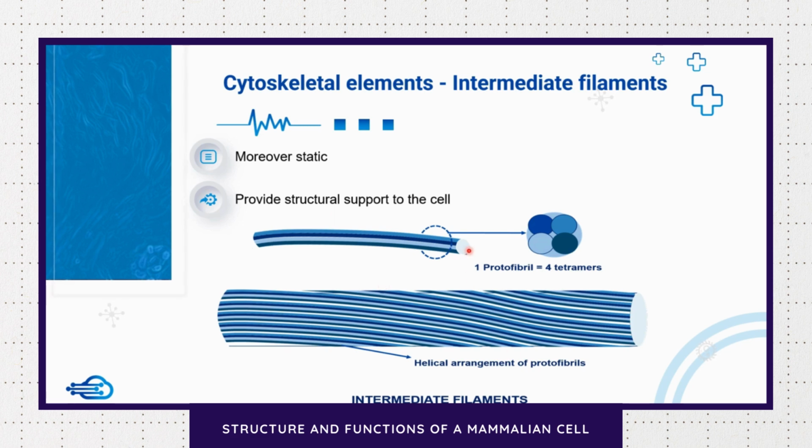Plus, the protein subunits which form the intermediate filaments are very cell specific. For example, in fibroblasts, vimentin forms the major intermediate filament, whereas in epithelial cells we see cytokeratin.